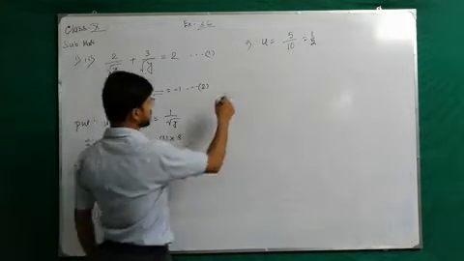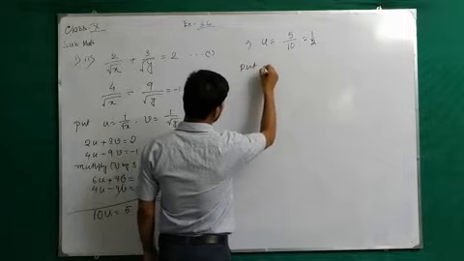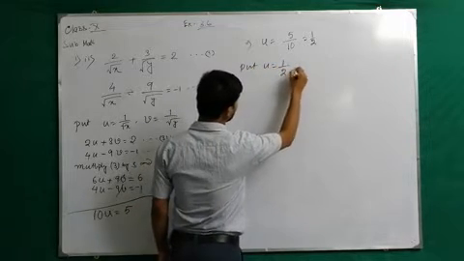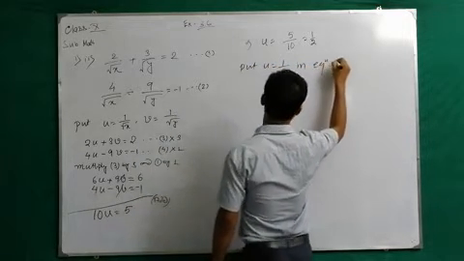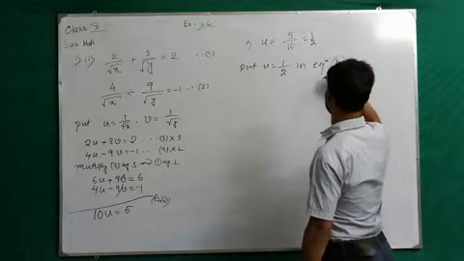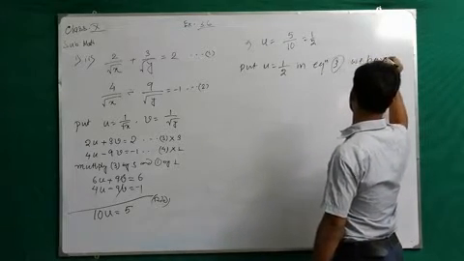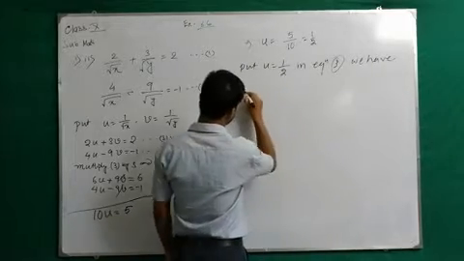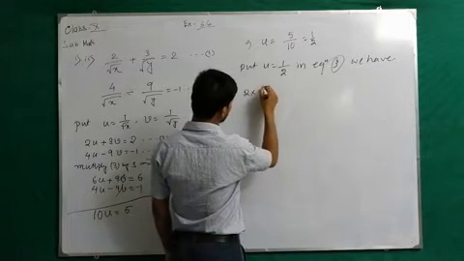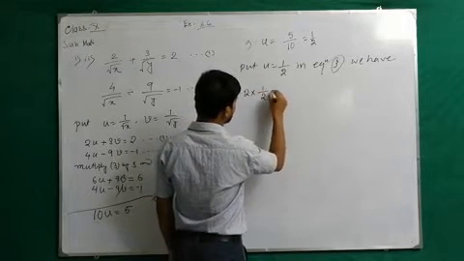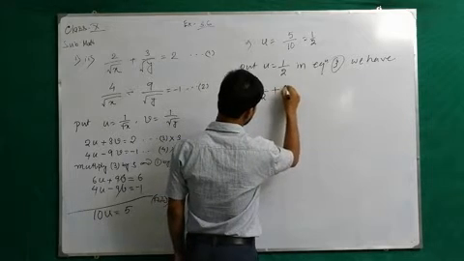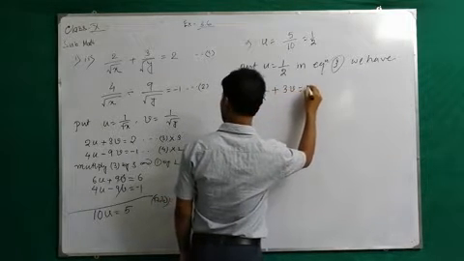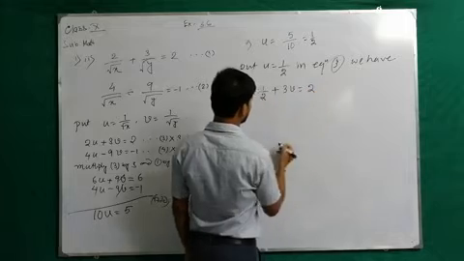So if I put u equal to 1 by 2 in equation number 3, we have 2 into u, and value of u equal to half, plus 3 into v, that is equal to 2.